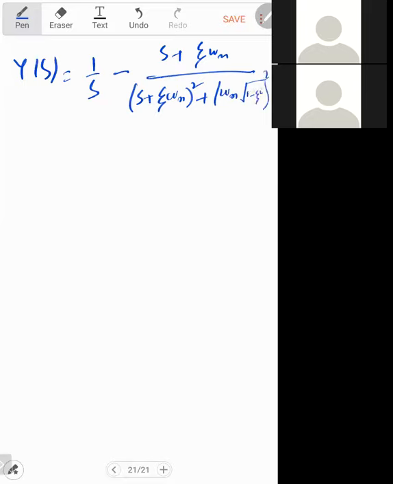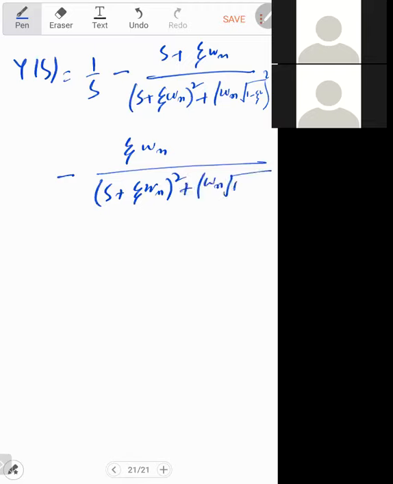So if you find the square of this one and square of this one, and then you simplify, you will get the original function. Minus zeta omega n divided by, again, s plus zeta omega n square plus omega n, and then we have 1 minus zeta square whole square.